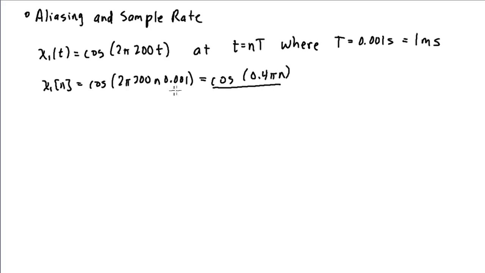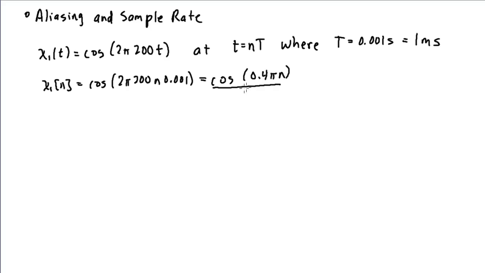Okay. And this maps directly to a sinusoid with frequency in the interval from 0 to pi. So the apparent frequency of this sequence is 0.4 pi.